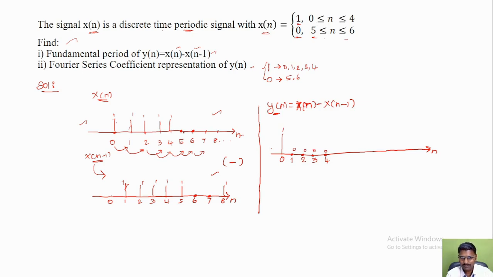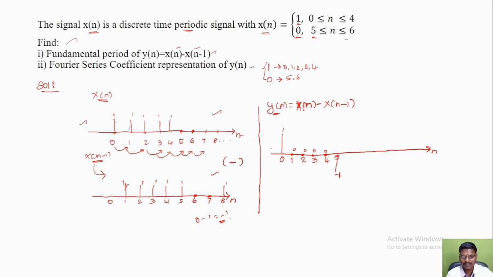Now I am comparing the fifth sample of x of n, which is 0, with the x of n minus 1 fifth sample, which is 1. So 0 minus 1, I will get minus 1 for the fifth sample, right? Next I am comparing the sixth sample.